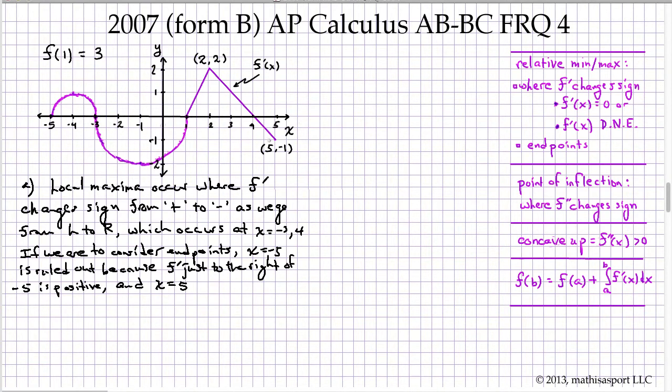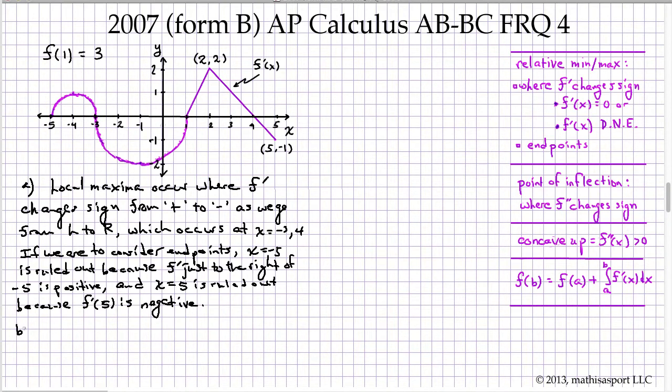And so that means that values just to the left of 5 have a larger f value than the value at 5. So it can't be a local maximum. So x equals 5 is ruled out because f prime of 5 is negative. So negative 3 and 4 are our options.